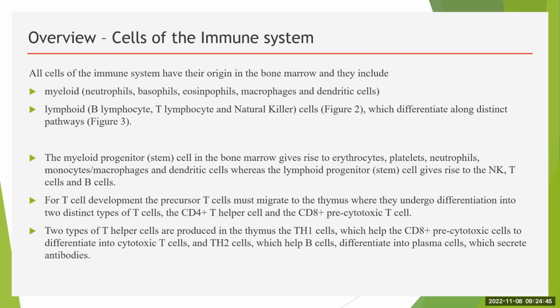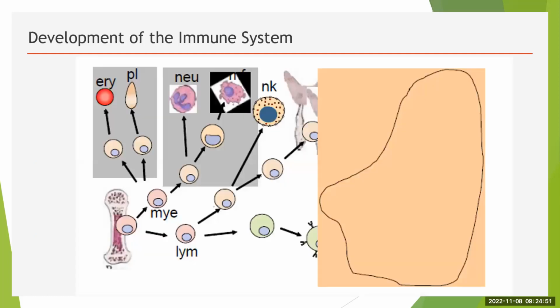And from the myeloid lineage, we've got the development of the neutrophils and the other cells, which I can depict in this pictorial presentation here, in which we have the bone marrow. We have our two lines of lineage, the myeloid and the lymphoid.